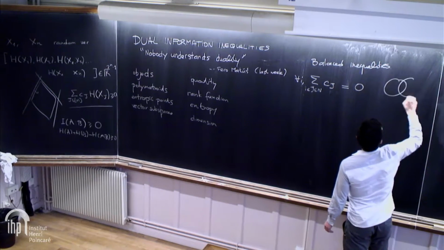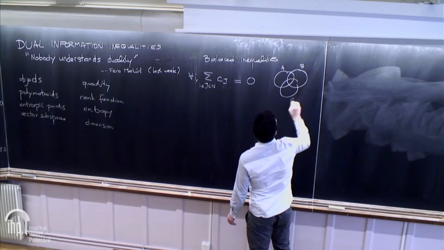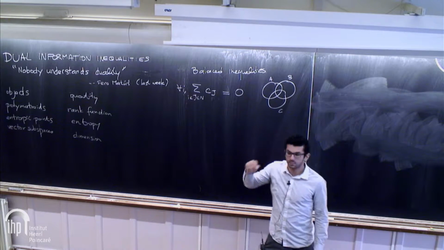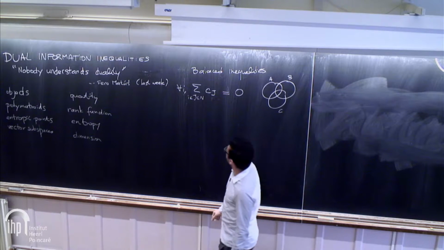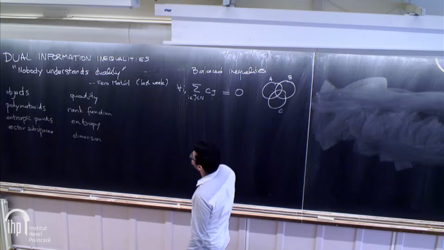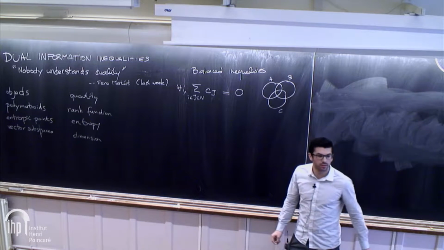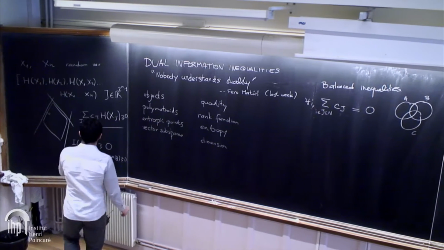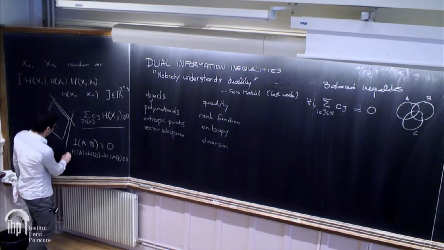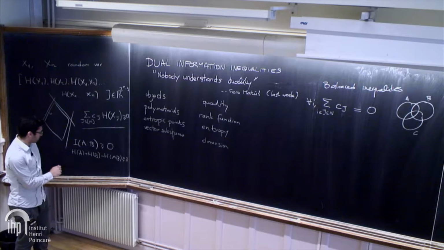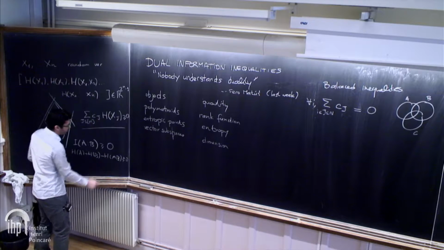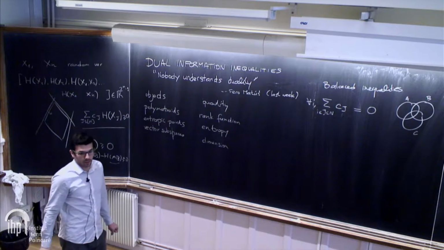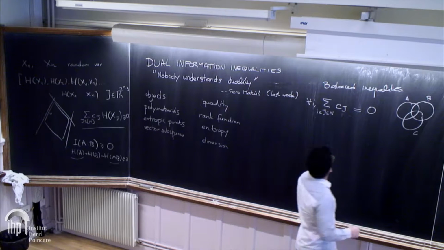In terms of information diagrams, for instance for three random variables, A is involved in here and here, so the sum is 1 minus 1.